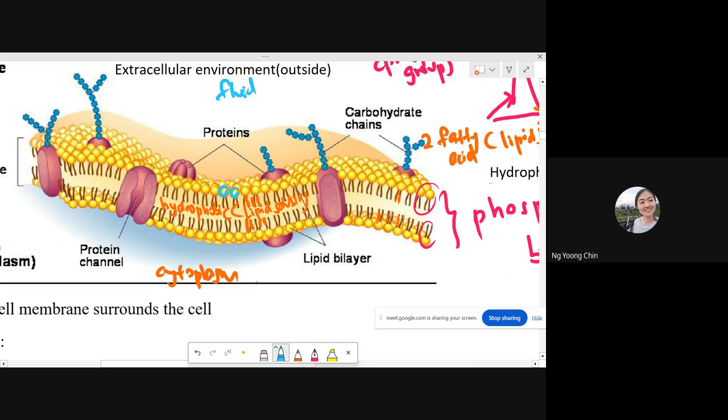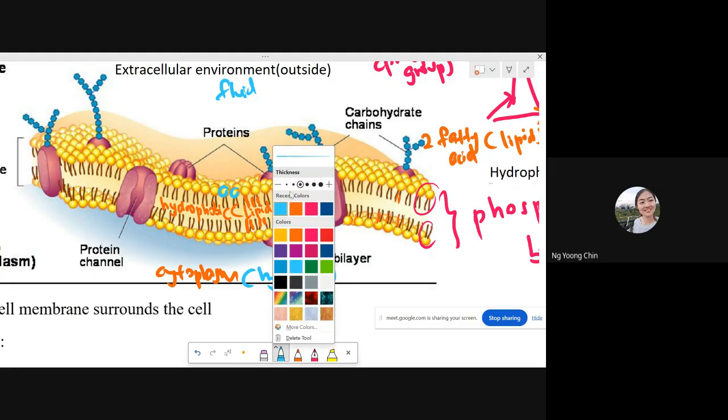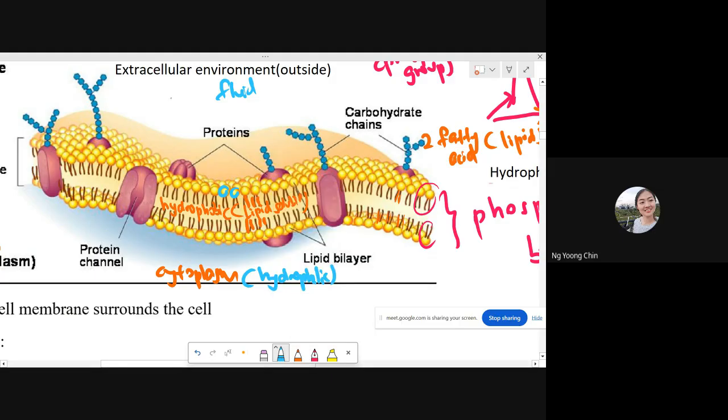So outside is hydrophilic, which means they contain more water. This one also is hydrophilic, it contains more water.